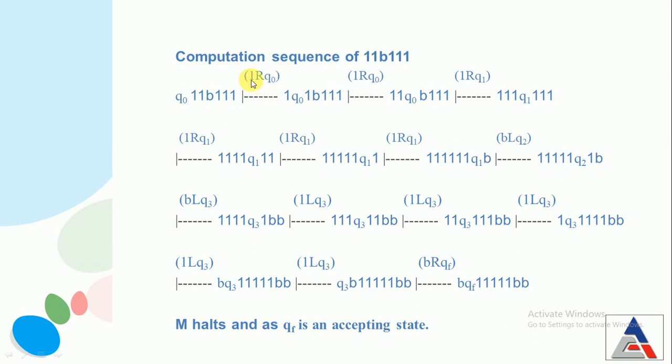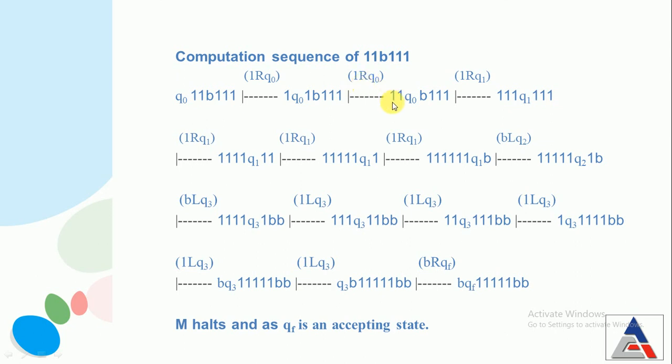Neither symbol nor direction has changed, therefore the state remains the same, from Q0 to Q0. Next again Q0 upon 1. We have already defined the move in previous steps, so it will not change, that is 1R Q0. The same move will be applicable further.